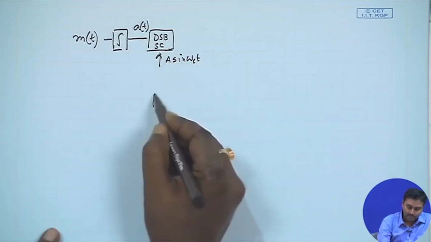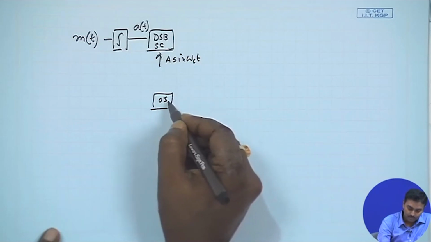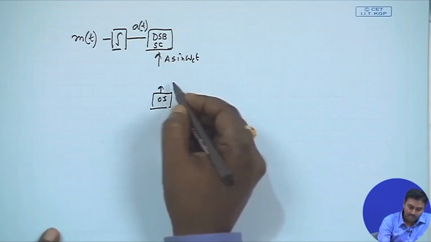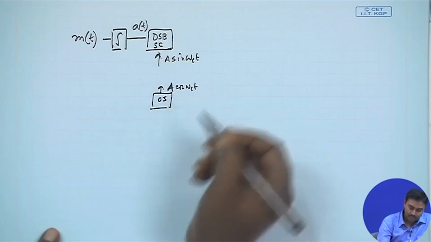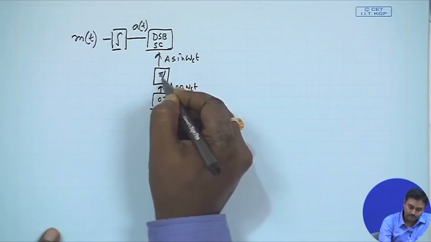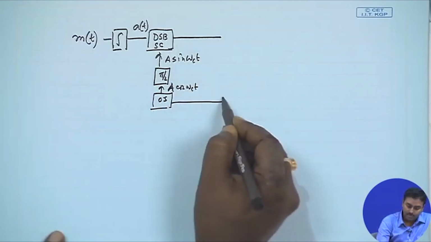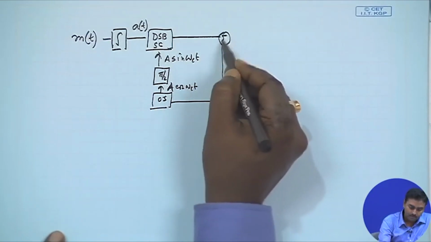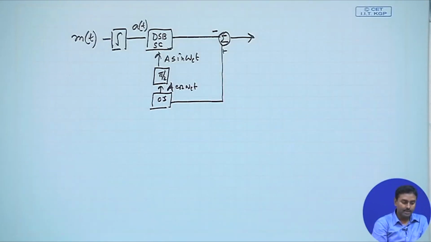Basically we will have an oscillator generating a cos omega c t, and give it a pi by 2 phase shift to get sine, and then this has to be added. Plus this, minus this, what you get is narrowband FM.